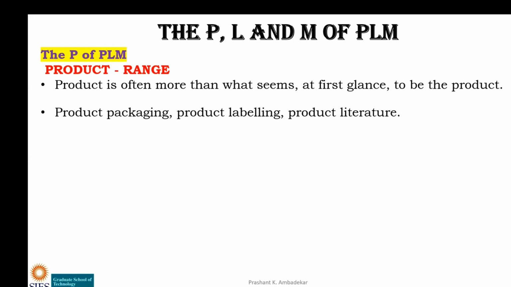The thing in which the product is wrapped can be made of different materials. That is also a product. If you see a can of cold drink, you think it is only a can, but that can is a product. The cold drink inside it is a product. The packing of it, how it is done, is a product. The can is a different product and the packing of the can is a different product.